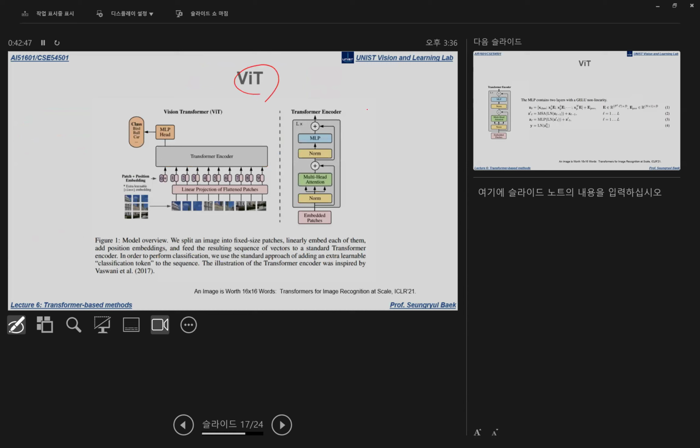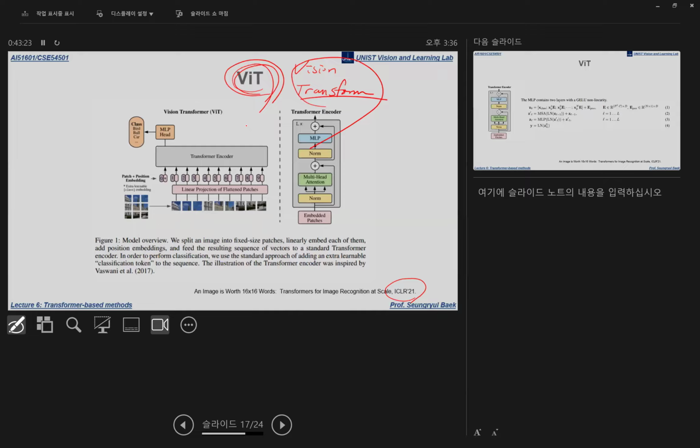Next, so far we learned about the transformer architecture in the NLP domain. But next, we will see how these transformers are applied in the computer vision domain to deal with image classification and object detection tasks mainly. The first architecture we have to see is the Vision Transformer. In the 2021 ICLR conference, this ViT was proposed.